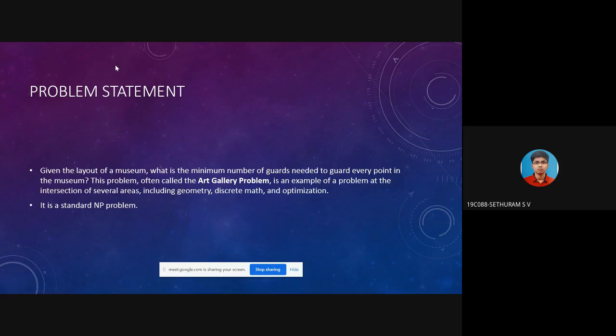NP is the abbreviation for non-deterministic polynomial, which is a fancier term for a problem which doesn't have an efficient solution to this date. Other NP problems which you might have come across are the traveling salesman problem or the Hamiltonian cycle in a graph. Those two are the ones which strike my mind when we say NP problem, and those come under graphs.